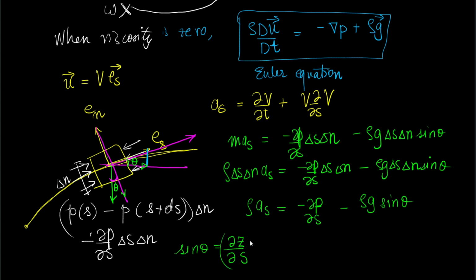So sine theta in this case will be the increase of height per increment of the arc length. So it becomes rho a_s is equal to minus del P del S minus rho g del Z del S.